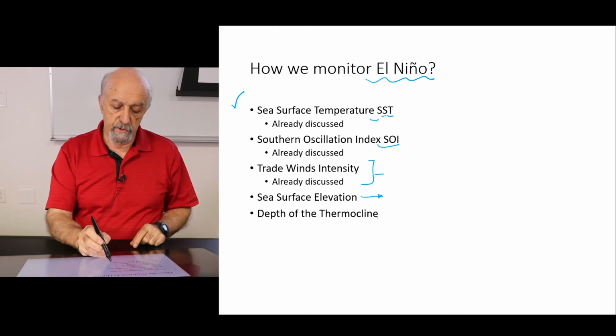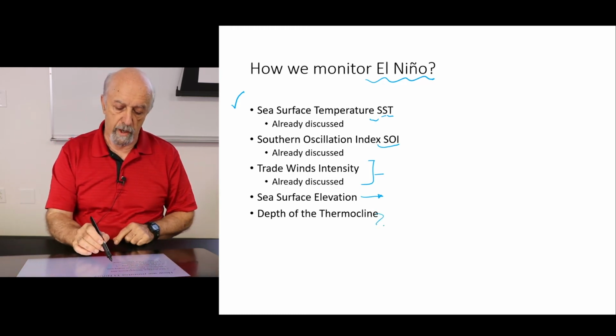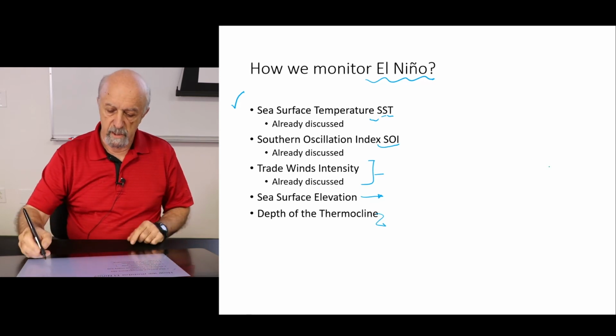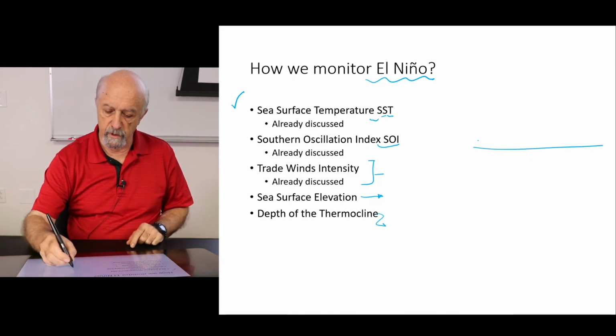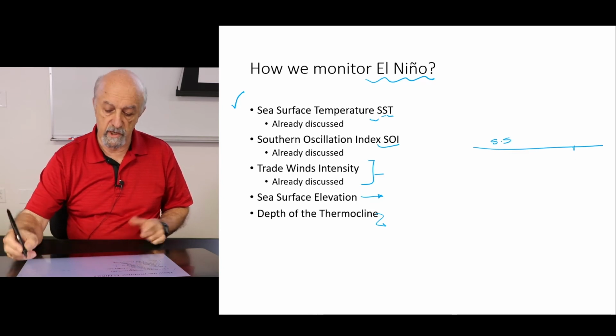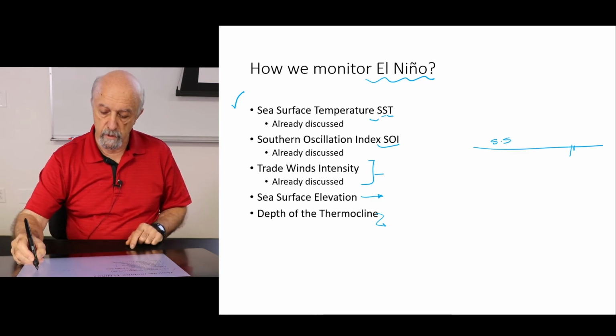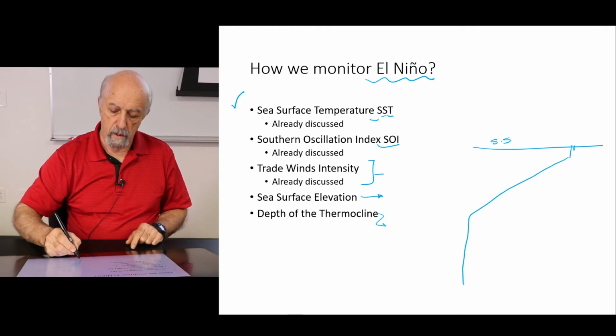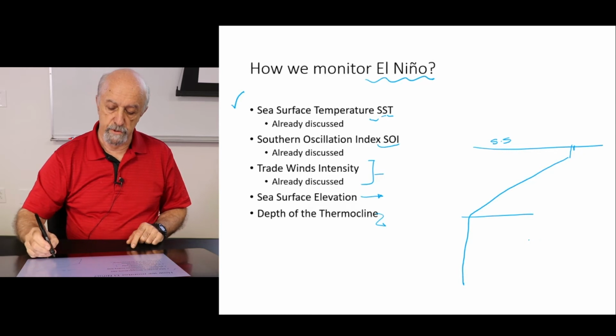And then we can measure the depth of the thermocline. Thermocline in general is something we define like this. This is the sea surface in here. Temperature is higher in there, and as we go deeper, a few meters, temperature quickly decreases. This is temperature.